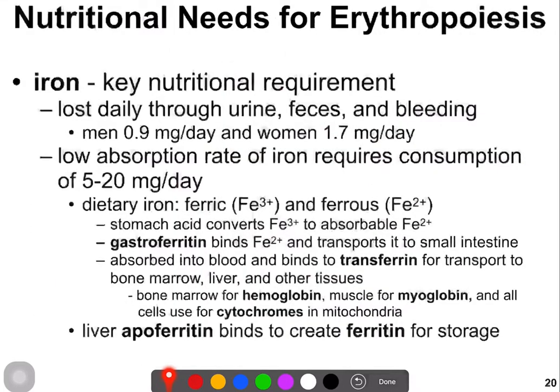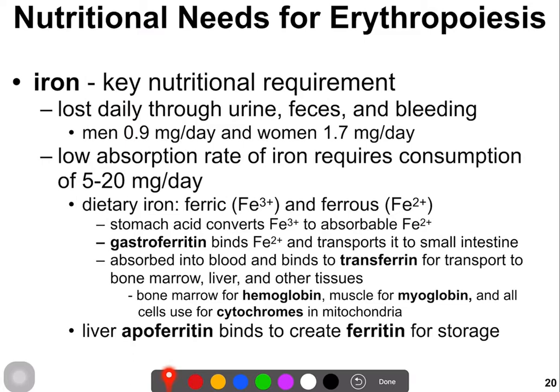As I said, we're very poor at maintaining our iron levels. We have a daily loss in the urine, the feces, and through bleeding. In men, it's about 0.9 milligrams a day. In women, about 1.7 milligrams a day that we need just for replacement.